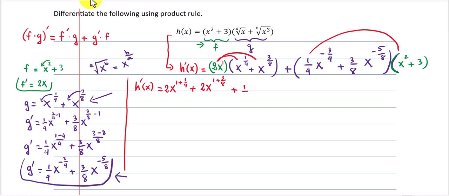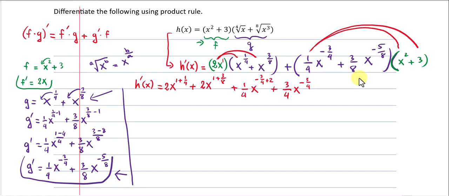That will be 1 over 4. And then again, the exponent, we take minus 3 over 4, we plus 2. And then same thing here, we multiply by 3. So this is easy, just a constant. You multiply the constant 3 by 1 over 4, that is 3 over 4. And we still have x to the minus 3 over 4. And we also do the same thing to the last terms. So I have 3 over 8, x to the minus 5 over 8.